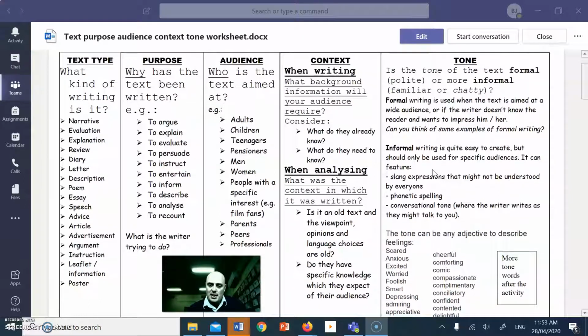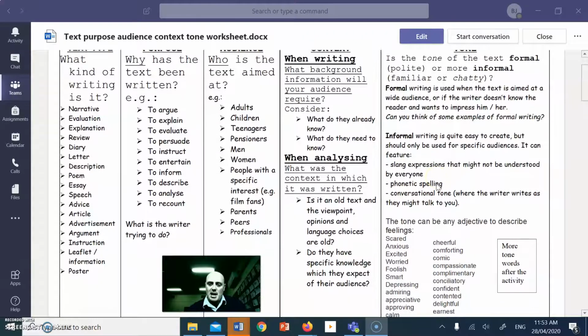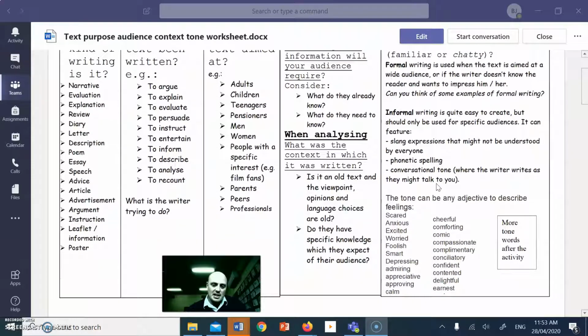Okay, so it might incorporate slang expressions, or a conversational tone, just sounding like you're just chatting to someone. Okay, so obviously a narrative could be informal, whereas a letter to maybe a politician or something is going to need to be formal. Okay, so your audience is going to impact on whether it's formal or informal.